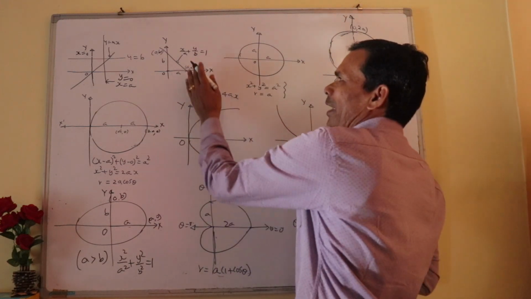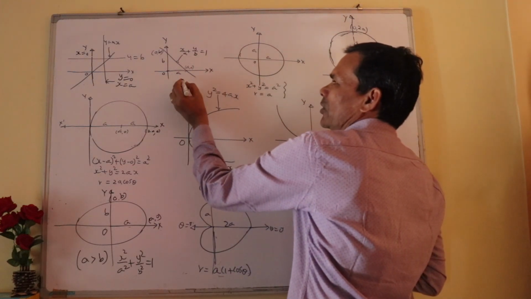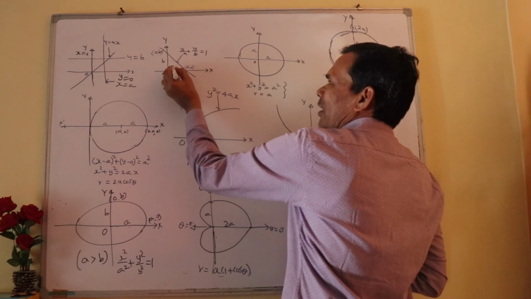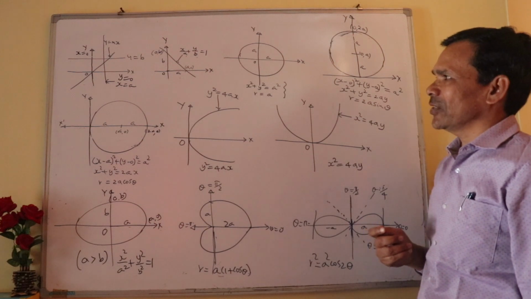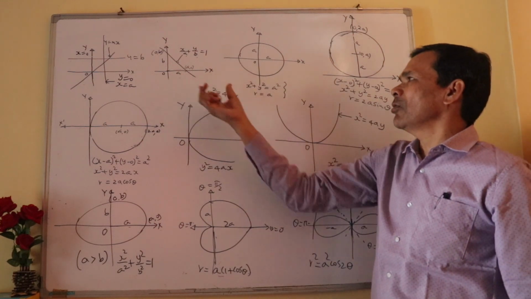x upon a plus y upon b equal to 1 is the line having intercepts a and b on the coordinate axes. So you can just check this.